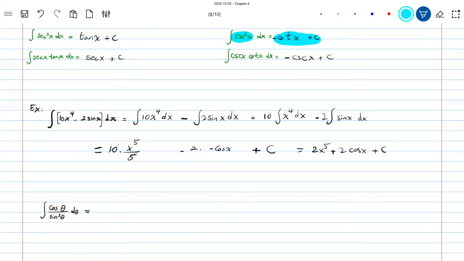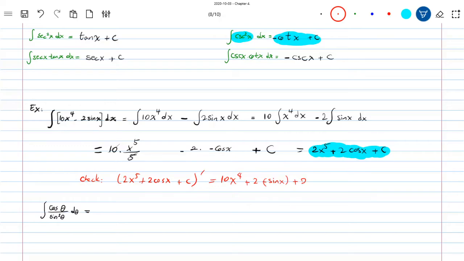And how do you check if this is the correct integral? You take a derivative of it. Here it is, just to show you the check. Find the derivative of 2x to the power 5 plus 2 cosine x plus some constant c. Derivative of 2x to the power 5 is 10x to the 4. Derivative of 2 cosine x will be 2 times the derivative of cosine, negative sine.